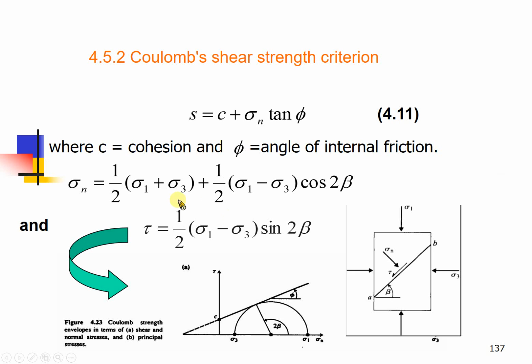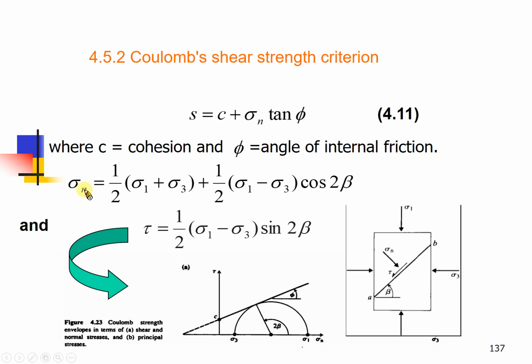In terms of equations, sigma n equals this and tau equals this. So sigma n and tau will be functions of beta, as I told you. The combination of normal stress and shear stress varies when the plane rotates. And all of the possible combinations of sigma n and tau will occur along a circle. So there will be the Mohr circle.